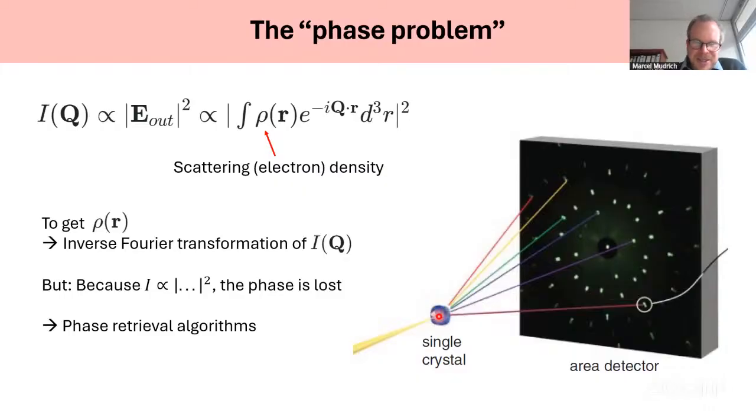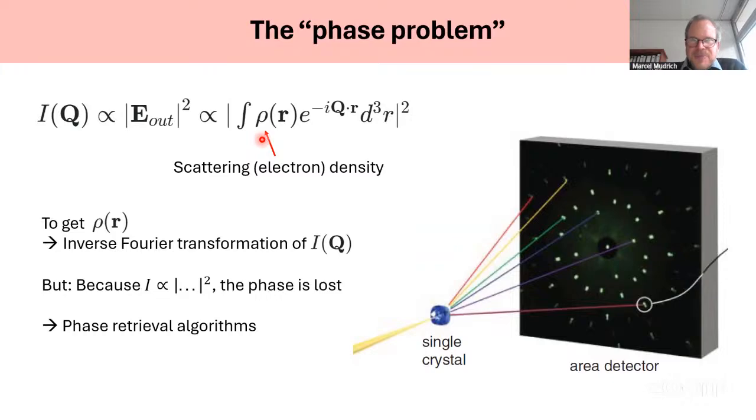And now here comes a big problem, because what we measure is not actually the Fourier transform, but the modulus square of the Fourier transform. If you look at the formula for the Fourier transform, there's an e to the i q r, so this is a complex function, and therefore the Fourier transform is a distribution of complex numbers.